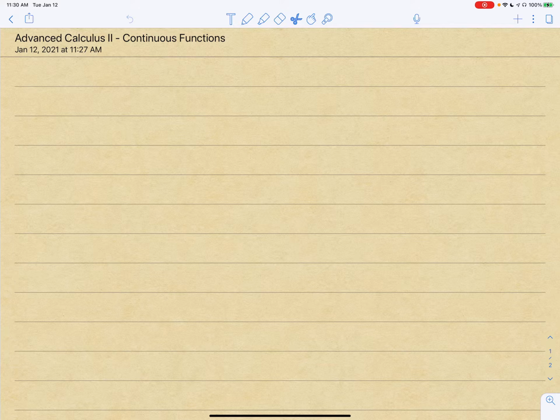Welcome to the new semester of Advanced Calculus. So here we're going to use the tools that we learned in Advanced Calculus 1 to study functions.